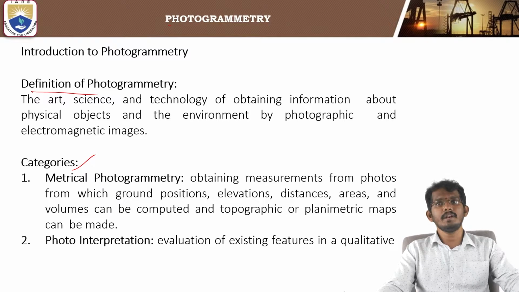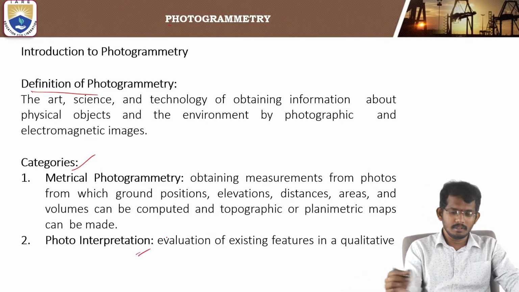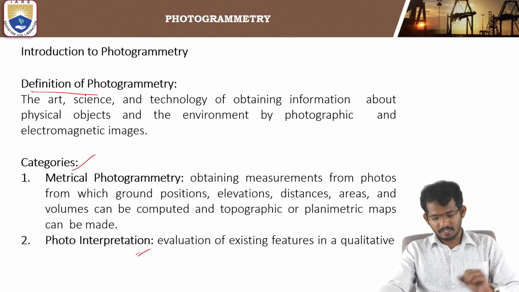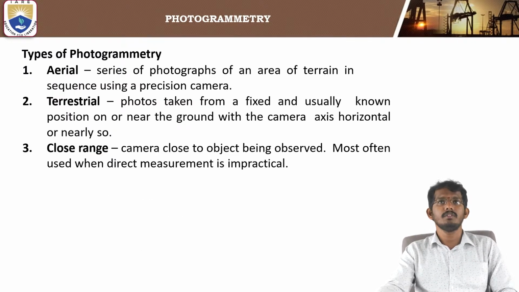Photo interpretation is evaluating existing features in a qualitative format. So we can obtain the physical quantities of any object by metric photogrammetry or photo interpretation. After taking the photograph, we go for interpreting, analyzing, and extracting the data which has been captured.